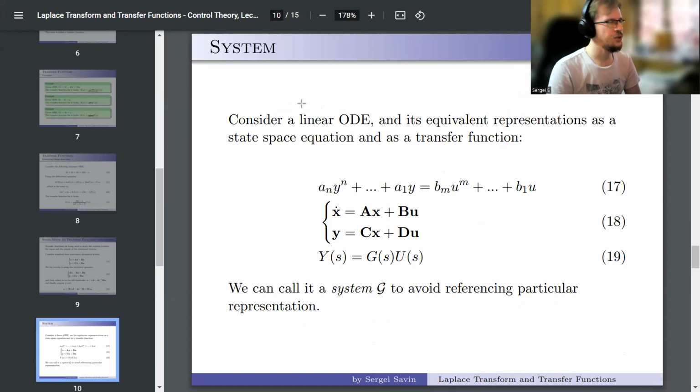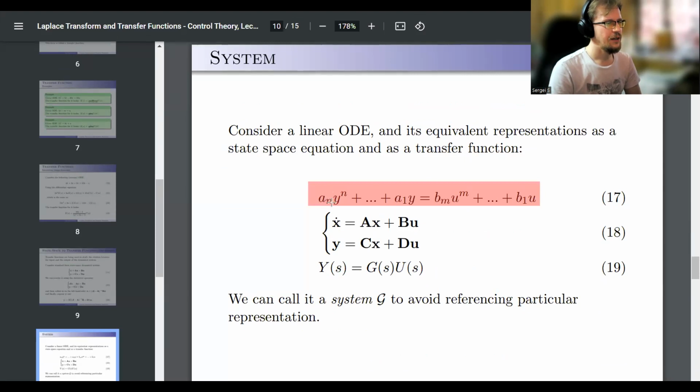So consider a linear ODE. We can represent it in three forms right now. This is the ODE form: a_n times y to the power n plus a_(n-1) times y to the power n minus 1, etc., all the way to a_1 times y equals b_m times u to the power m plus, etc., all the way to b_1 times u.